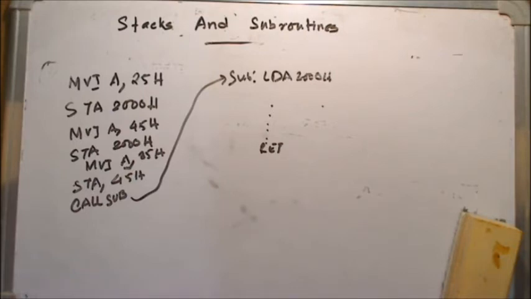So if you change LXI H 2000, there will be only a difference because the subroutine will now take from 2000. Unlike the second example, M can be any location pointed by the HL pair. So you have control over the subroutine while calling the subroutine.